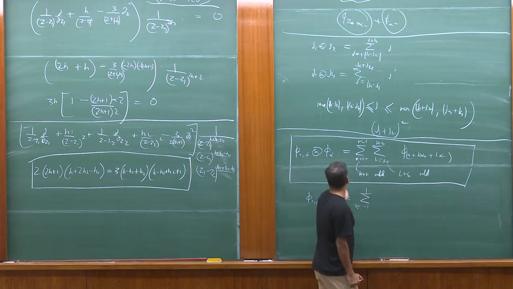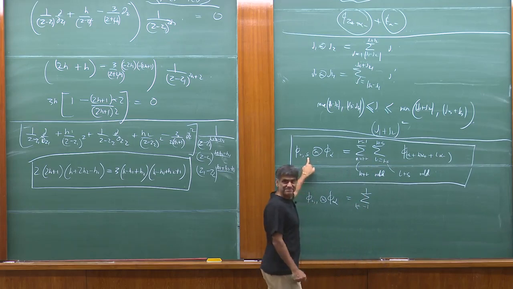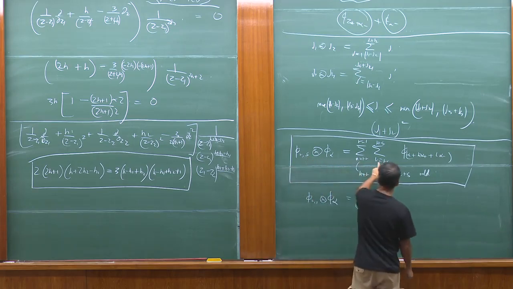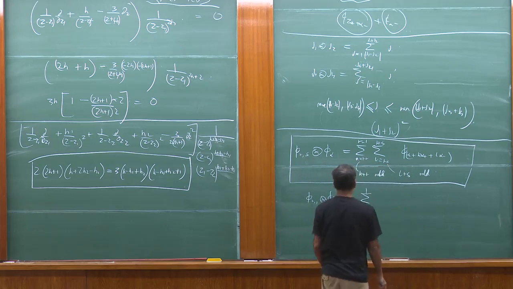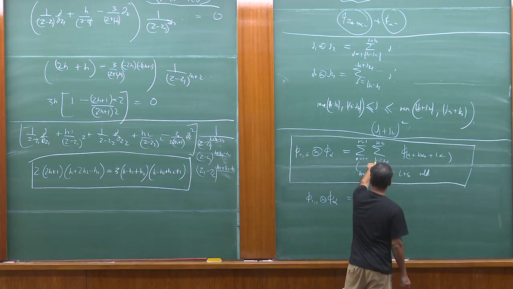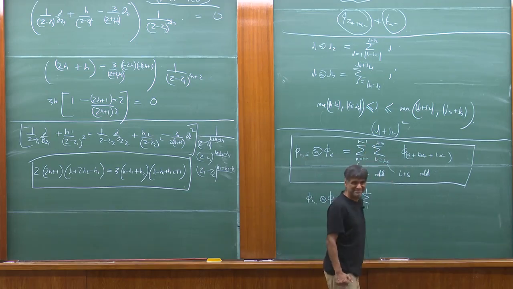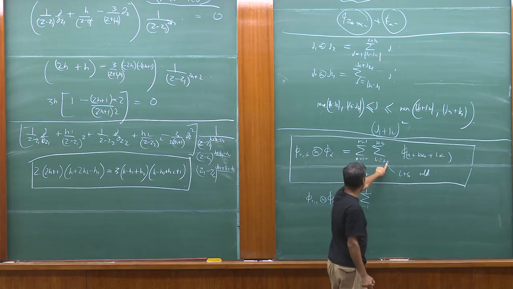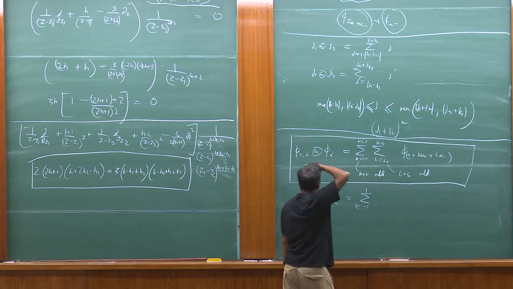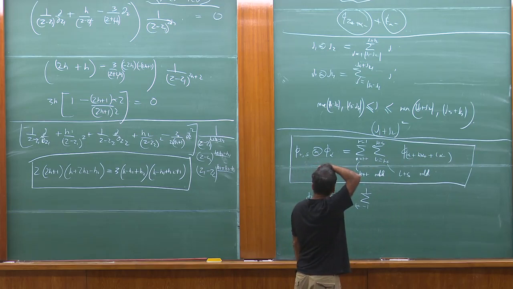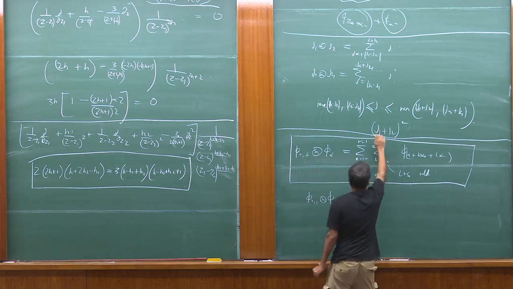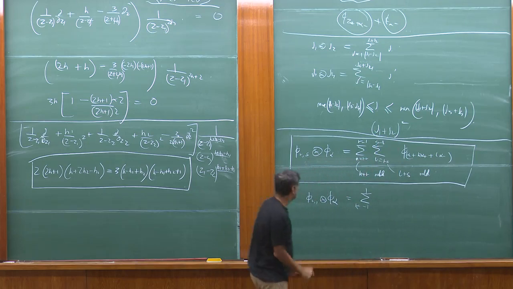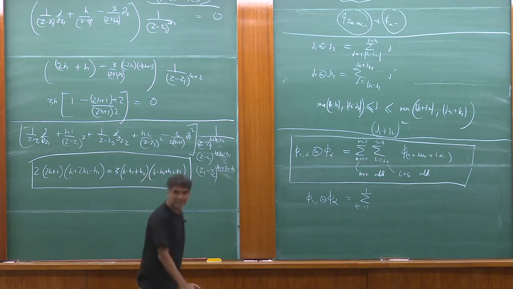What about s? L starts from 0 and ends at 0, because s here was 1. The range is 1 minus s to s minus 1, yes, thank you.